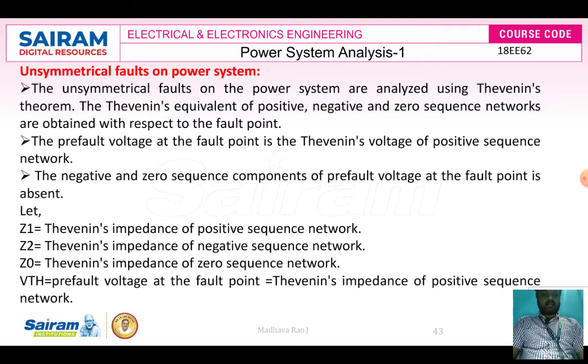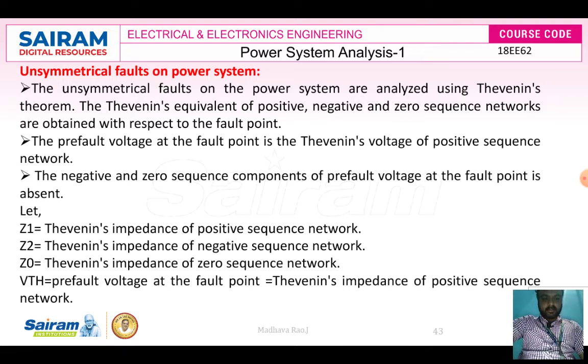Generally, unsymmetrical faults on power system are analyzed by using the Thevenin's theorem method. According to Thevenin's theorem method, Thevenin's equivalent circuit has positive, negative, zero sequence components. So these networks are obtained with respect to the fault point.